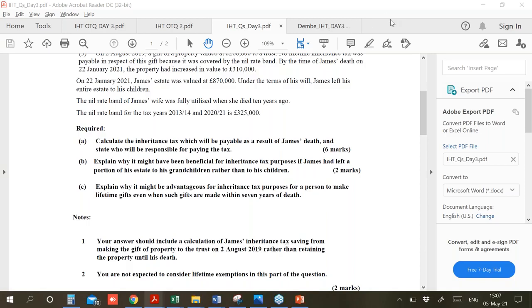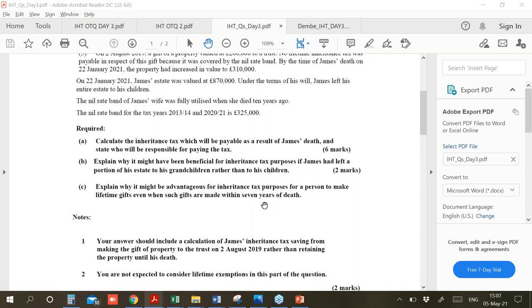Okay, so for that I have to read the question, but you guys know the general savings or advantages that one can obtain by making lifetime gifts. The second point told me that I should not talk about lifetime exemptions. So the advantages apart from the lifetime exemptions are, number one, the value gets locked, and if they are within 3 to 7 years, there is availability of the taper relief.